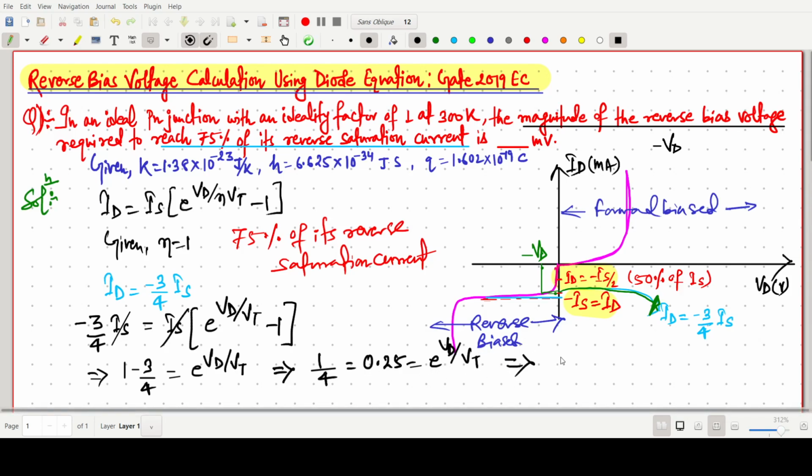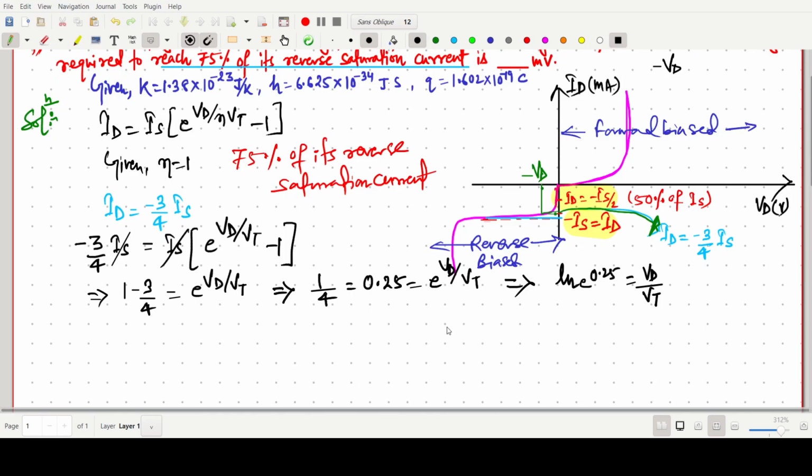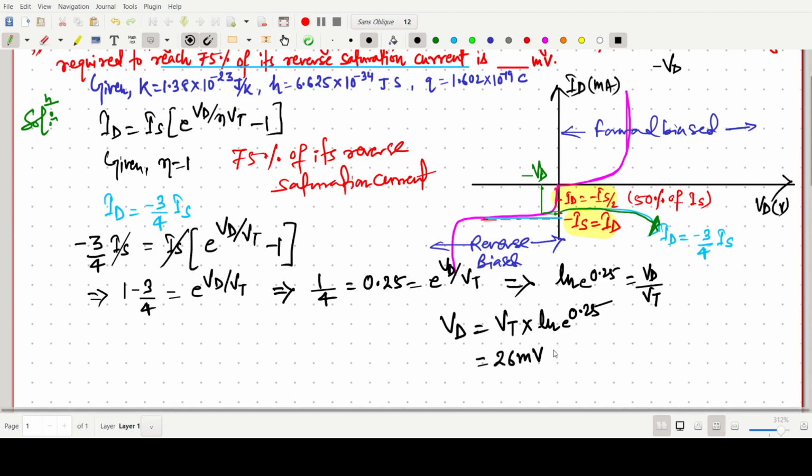Now we have to solve this one. By taking ln on both sides, ln of 0.25 equals ln of e to the power Vd by Vt, which is simply Vd by Vt. We have to find this Vd, and Vd will be a negative value. So Vd equals Vt times ln of 0.25. Vt is 26 millivolt, the thermal voltage, times ln 0.25.